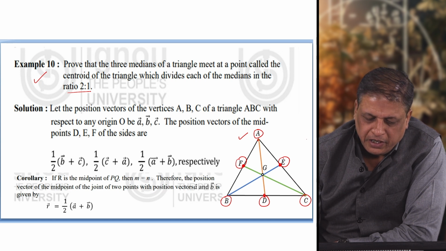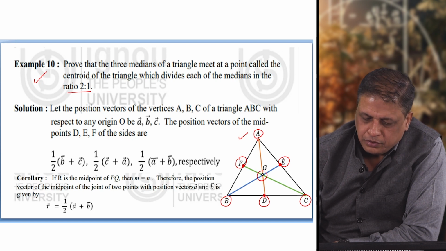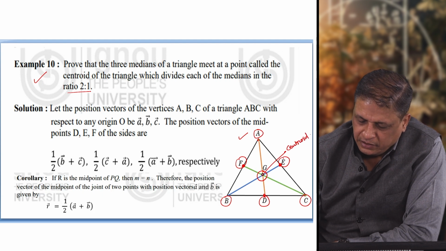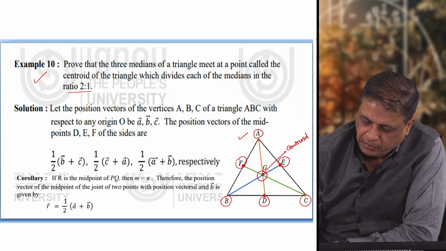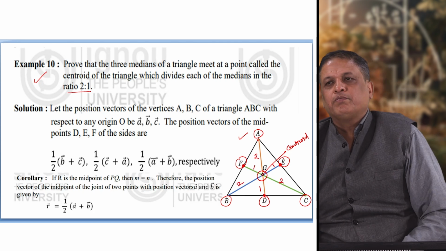These are the medians of the triangle, and all three medians meet at a point G. This point is called the centroid of the triangle, and it divides the medians in the ratio 2:1. This is to be proved.